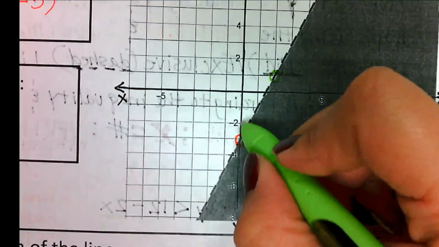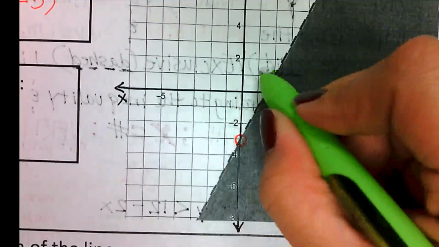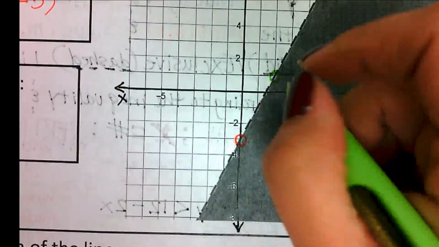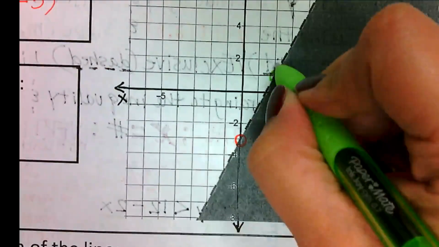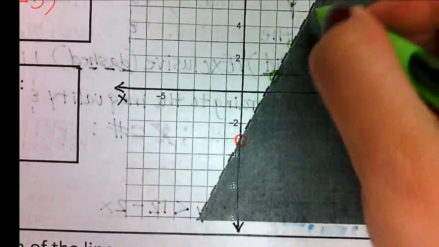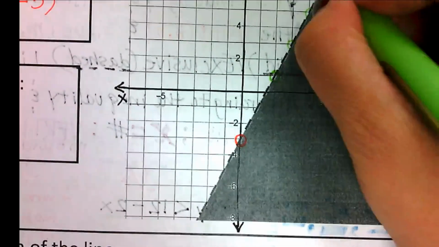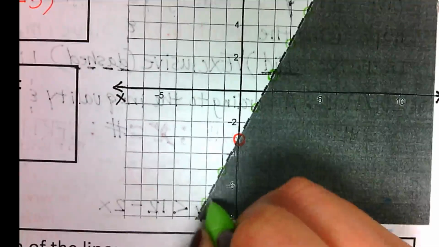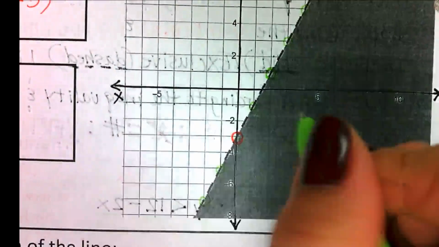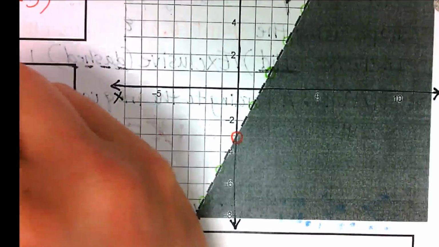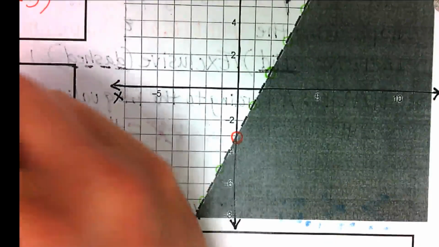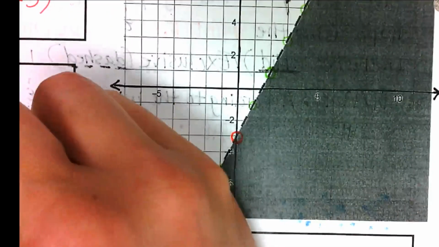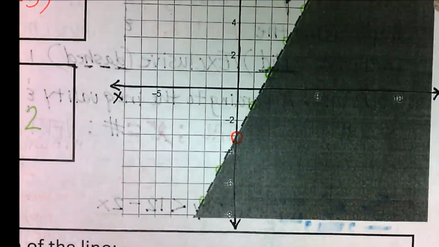So that looks like I went up 4 over 2. 4 divided by 2 reduces to up 2 over 1. Yes, I definitely see that. So if I went up 2 and to the right 1, that would mean that my slope is 2.